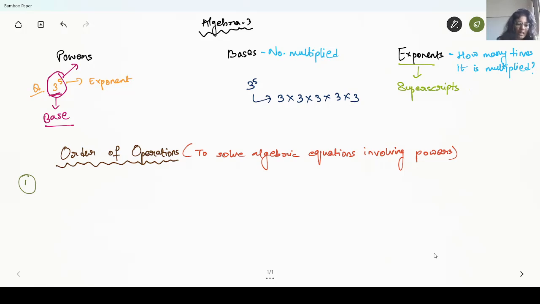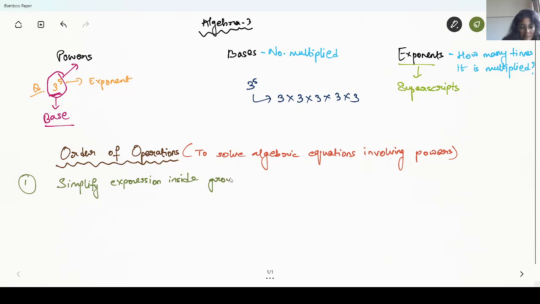In the first step, you will have to simplify the expression inside the grouping symbols, that is the BODMAS.